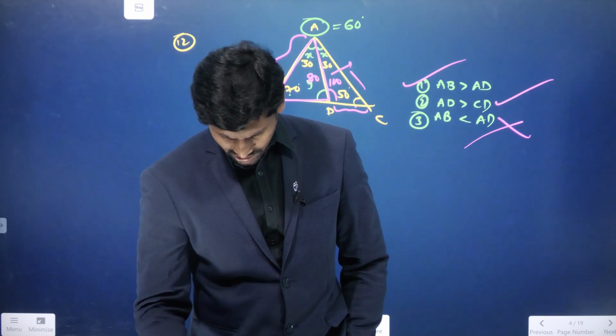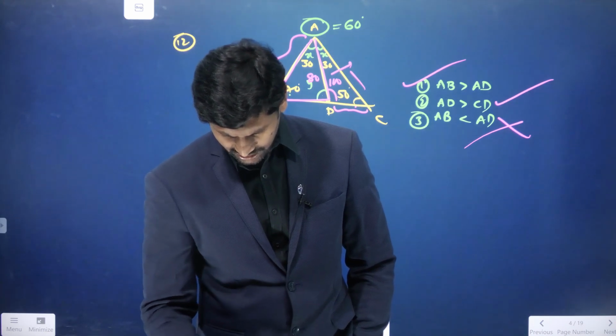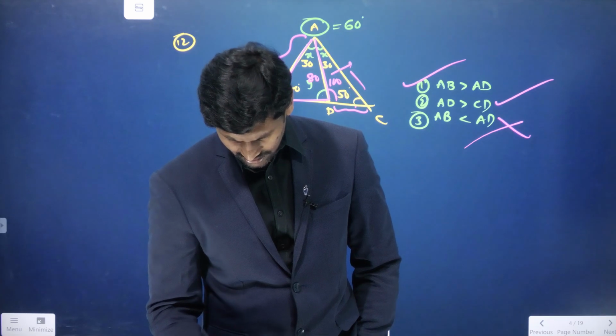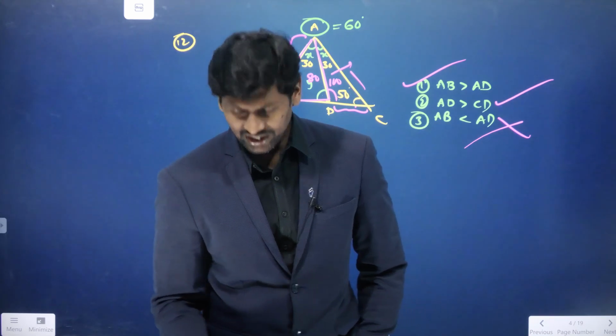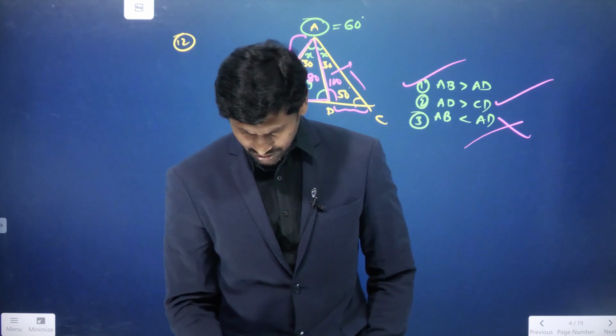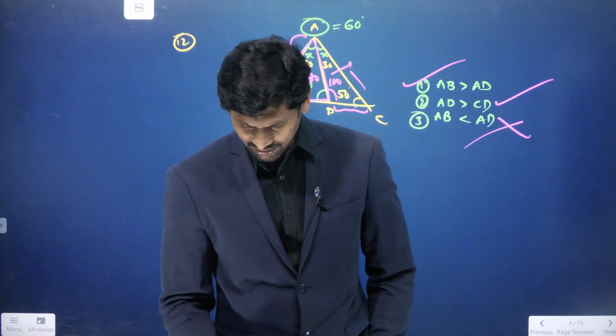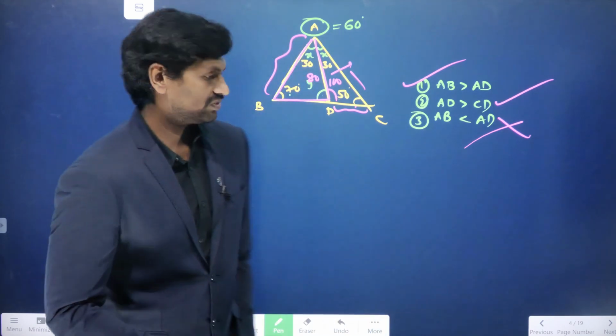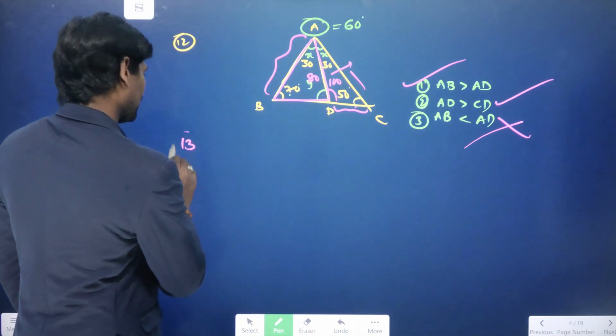Right, so let us go to problem number 13. In the given figure, AB equals AC and BD equals CD, then which of the following options are true? Let us take the diagram here.